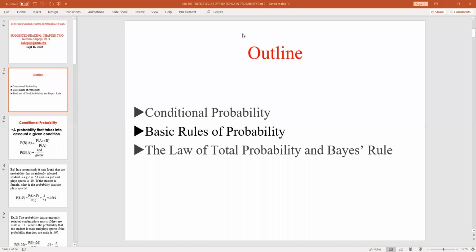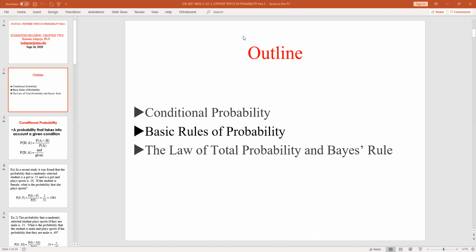Okay. Like I said, if you want to answer any probability question, if you look at the assignment that I gave you, if you want to know the right probability formula that you're going to use, then you need to be able to differentiate between different types of events. Any probability question is carved around events.